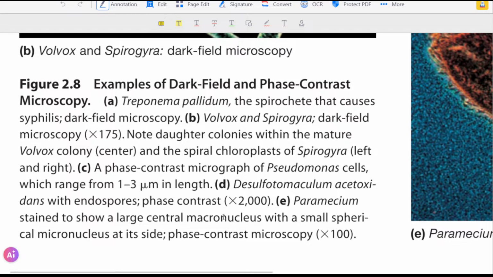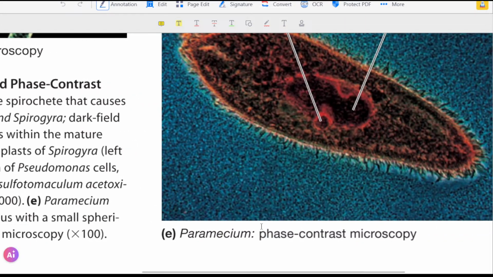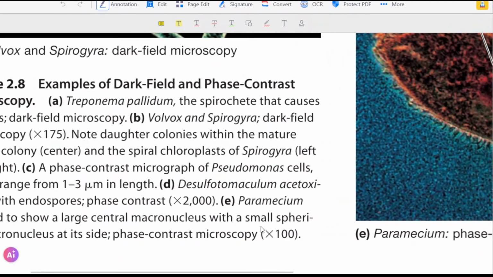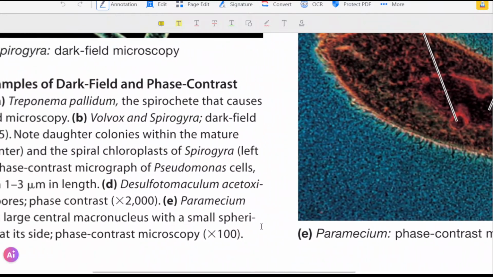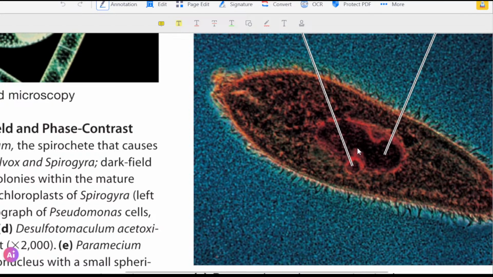And this is a paramecium stain to show a large central macronucleus with a small spherical micronucleus at its side. Phase contrast microscopy. Alright, so the denser the object is, the darker it will look. If you look at the background, it looks more bright, because the deviation didn't occur that much.